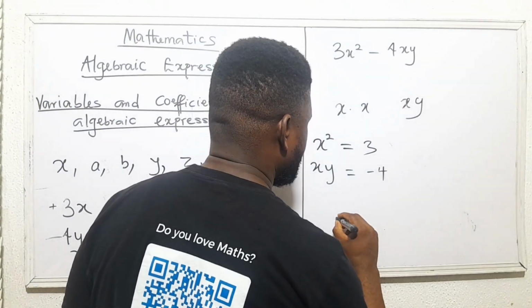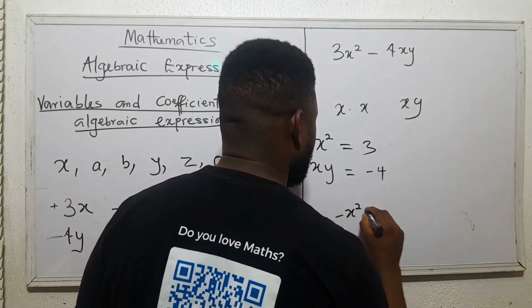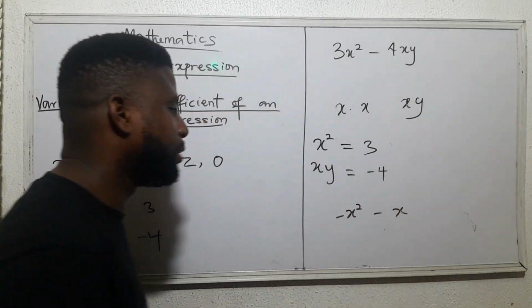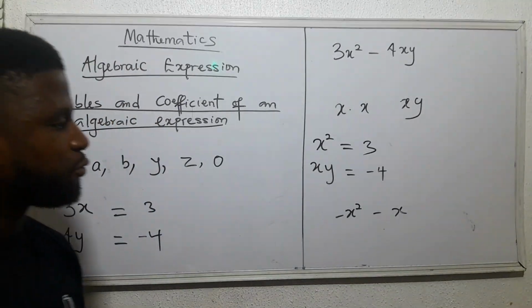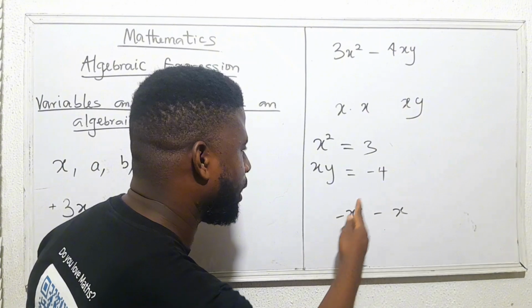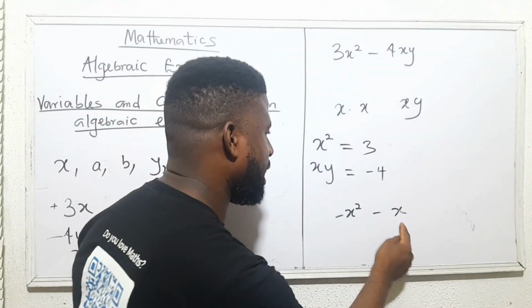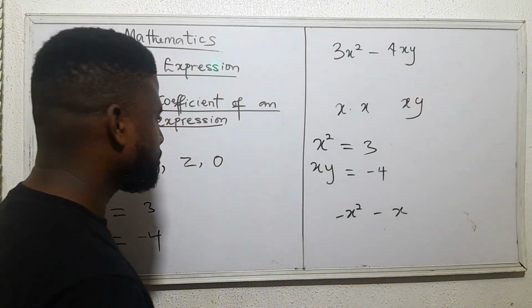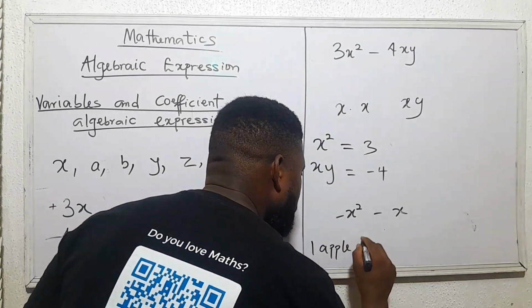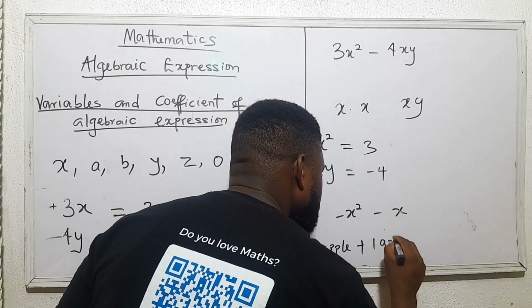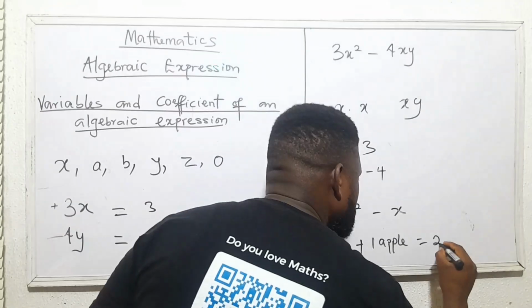If I have minus x squared minus x, for example, and we're asked to find the coefficient of x squared and the coefficient of x, now take note. If I have 1 apple plus 1 apple, this gives me 2 apples.